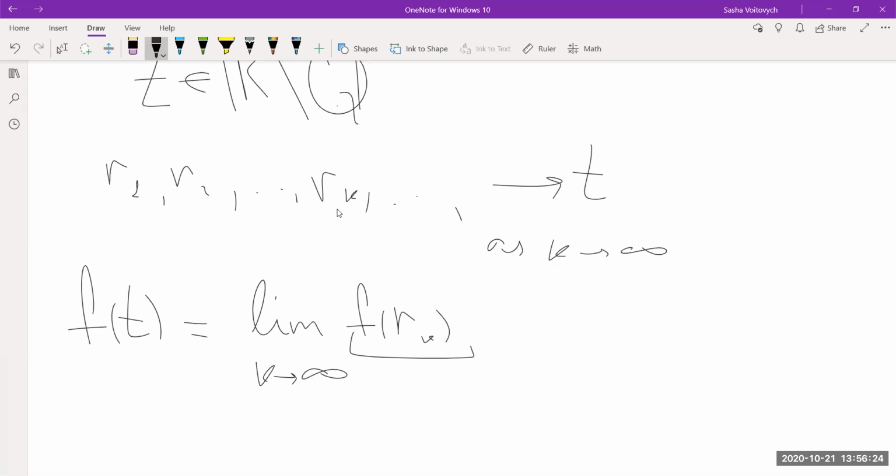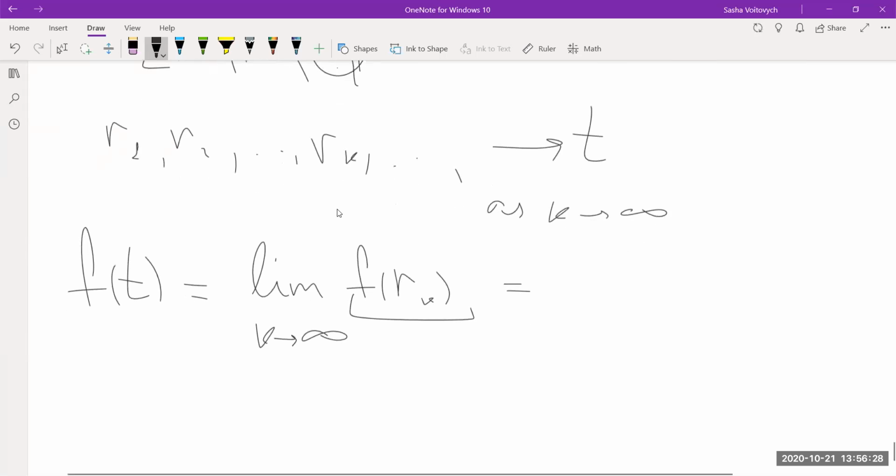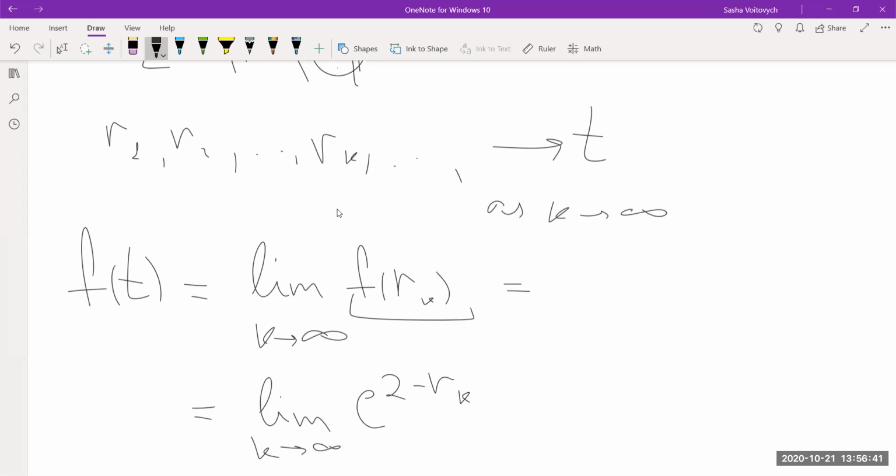So because every rk is a rational point, we know the value of it. So this would be c to the power 2 minus rk.